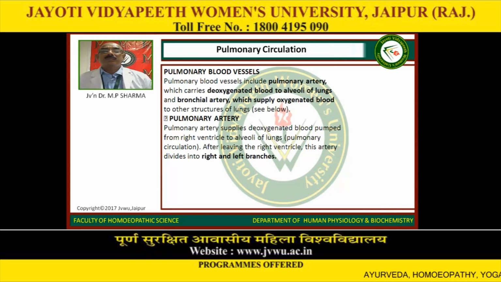Pulmonary blood vessels include pulmonary arteries, which carry deoxygenated blood to the alveoli of the lungs, and bronchial artery, which supplies oxygenated blood to other structures of the lungs.